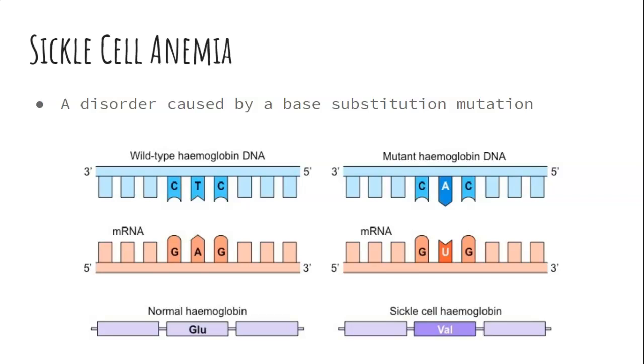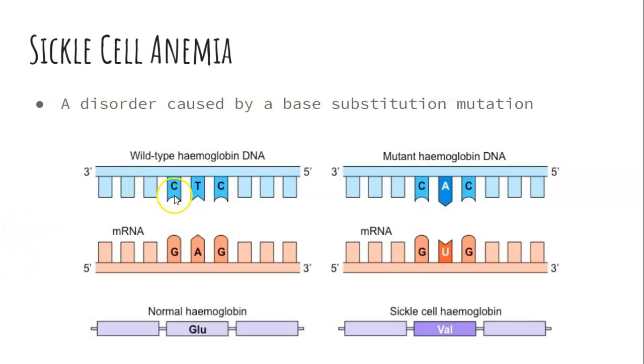You're probably thinking, you're telling me I need to know the exact mutation that causes this disorder? And I'm here to tell you, yeah, you do. You need to know the literal base pair mutation that changes, and what amino acid is normal and the sickle cell version of it.